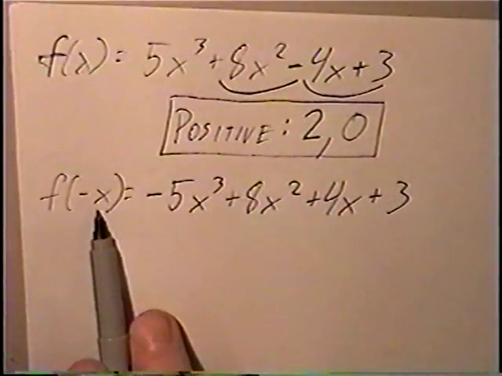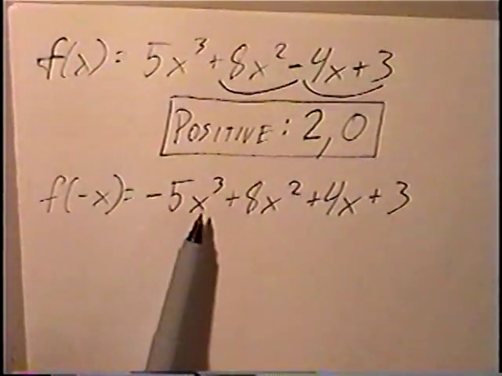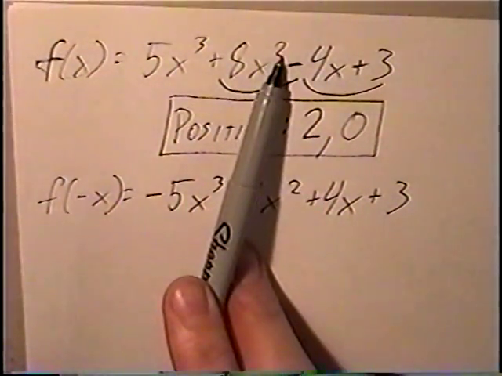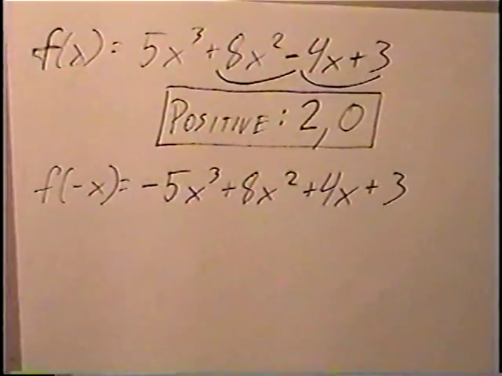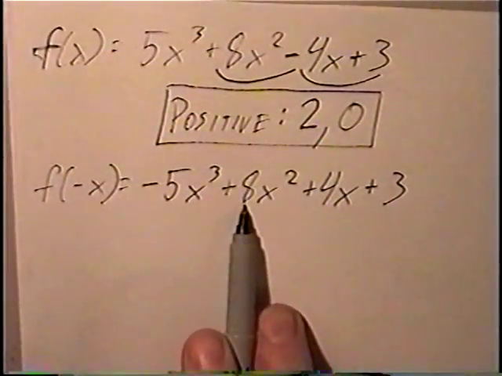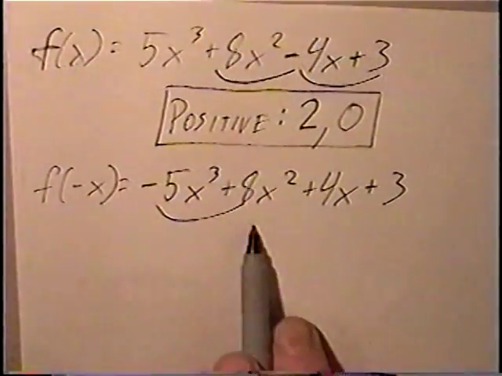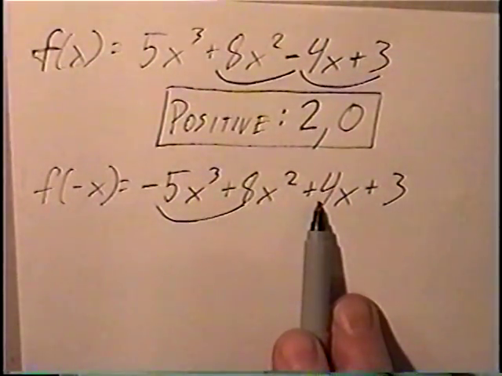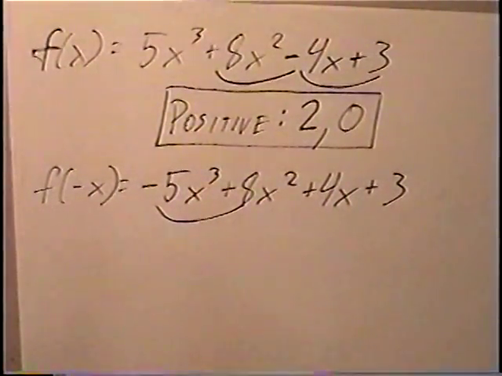So again, you can plug the negatives in for the x powers. If you have an odd number, the sign will change. And if you have an even number like 2, the sign will stay the same. From here again, you can count the sign changes. If we go from a negative 5 to a positive 8, that would count as one sign change. A positive 8 to a positive 4 does not change, and a positive 4 to a positive 3 does not change.